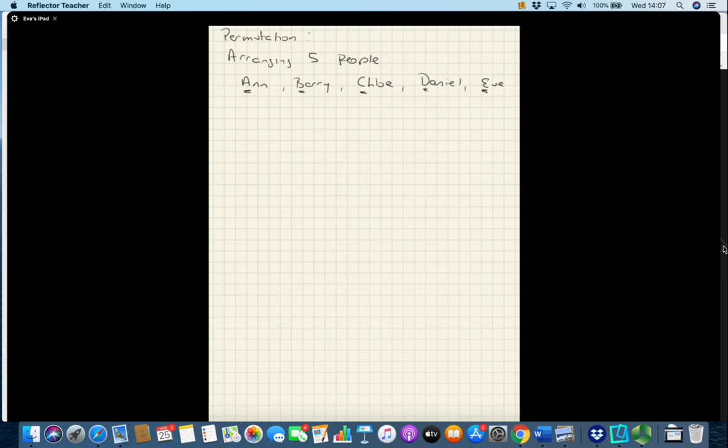Okay, how many ways could these be arranged? Well, Anne followed by Barry, followed by Chloe, followed by Daniel, followed by Eve is a different permutation to A, C, B, D, E, which is different to that one, which is different to this one, and so on and so forth.